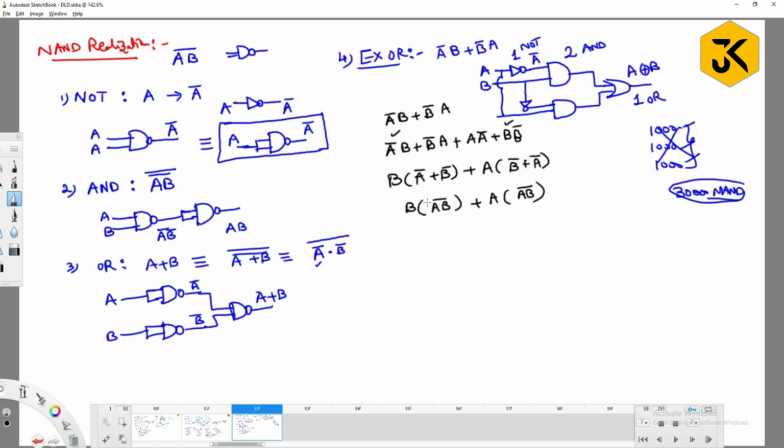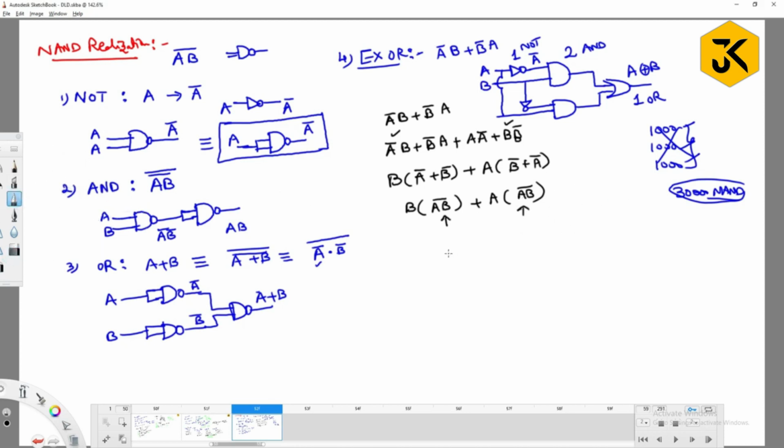Now, see guys, try to observe why I have written this, because now I can represent this in the form of complement representation, like NAND representation. That's why I came up with this particular procedure. If I have A, B as input, I can get AB complement.